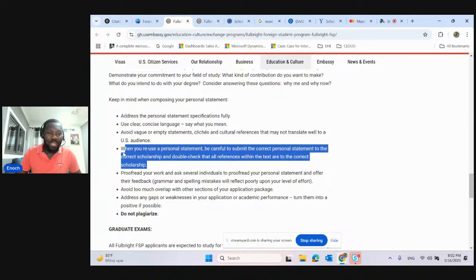So let's say I'm applying to 3 or 4 scholarships. I have written a personal statement for the previous ones, and I am going to use the same to apply for this.